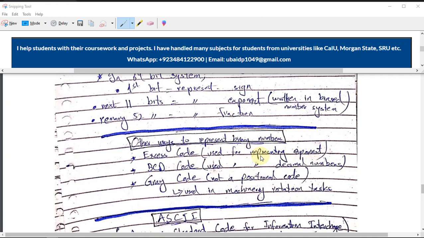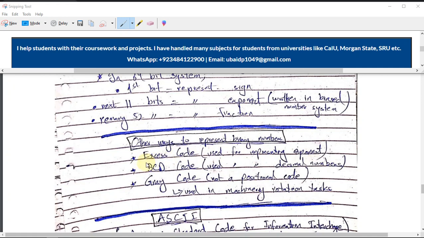And then we saw the 2's complement. Then we saw the floating point notation, just like 64-bit or 32-bit floating point notations. And then we have 3 more ways to express binary numbers.